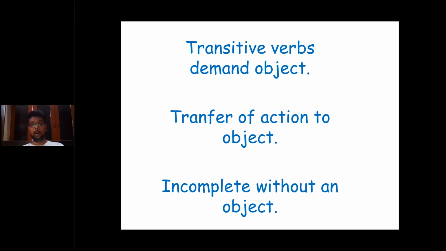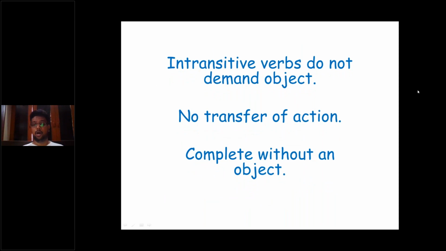Now, this was all about transitive verbs. Let's see what intransitive verbs are. Intransitive verbs do not require an object. No transfer of action is required here, and they are complete without an object. Let's take a few examples.